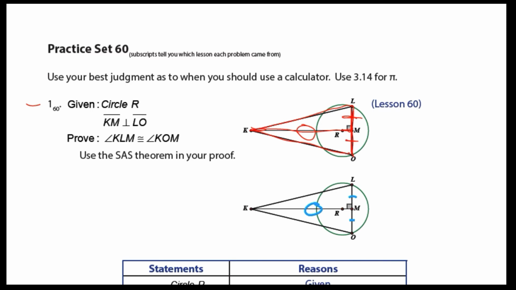LM and OM are congruent by the perpendicular bisector of a chord, because LO is a chord inside that circle, and that perpendicular bisector of a chord theorem says that those would be congruent. And then it's perpendicular, so those angles are 90 degrees, and we could prove the two triangles are congruent by side angle side, and therefore this angle here, KLM, must be congruent to KOM by CPCTC.